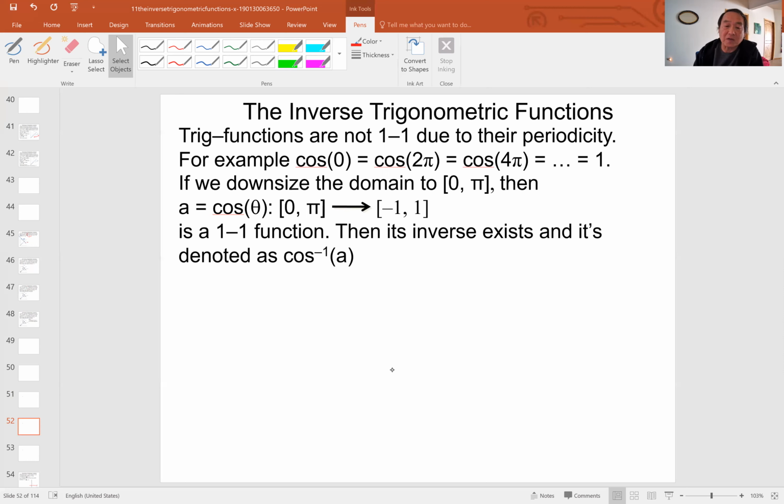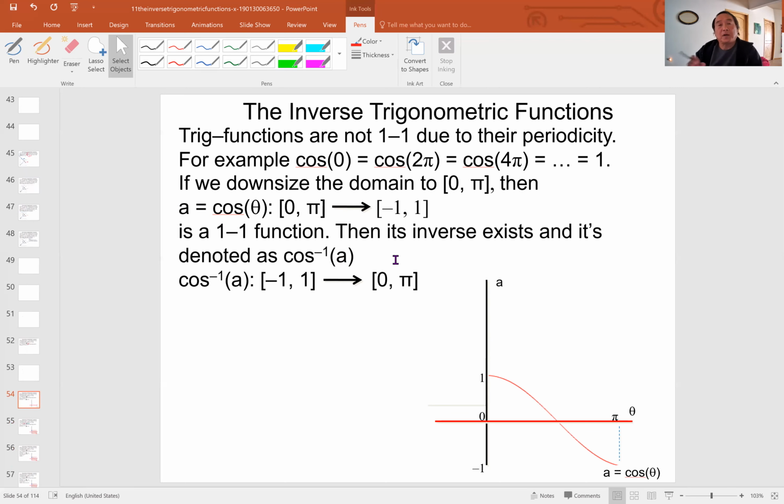And we call the inverse cosine inverse of some number a, because a was the original output. If this is y, that's the cosine inverse of y. The cosine inverse of x takes inputs from here, or any value that shows up in -1 to 1, and maps back to the original angle we came from.